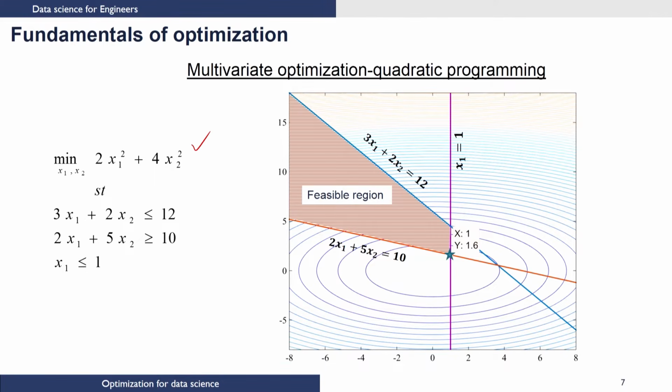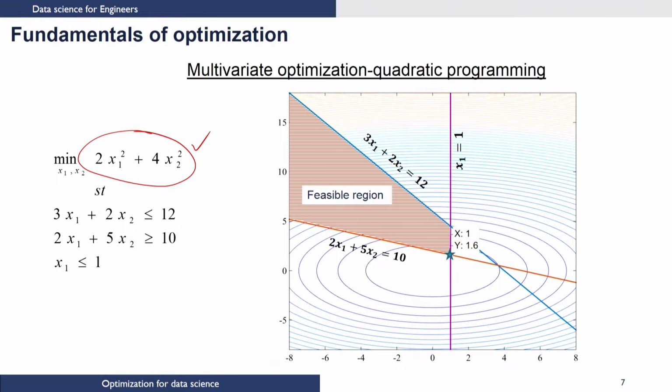I think this is the same objective that we have been using in the several examples till now. So, let us say this is the objective function, and let us assume that we have constraints of the form shown here.